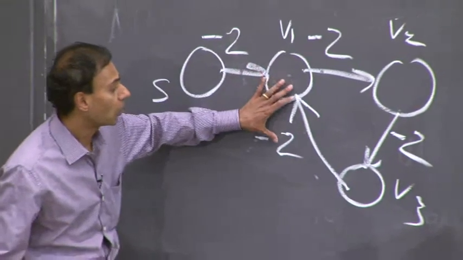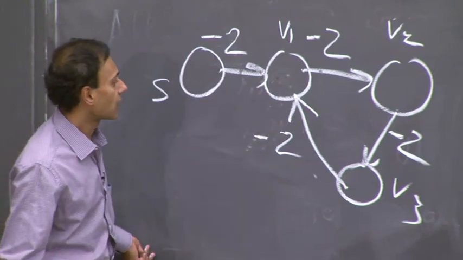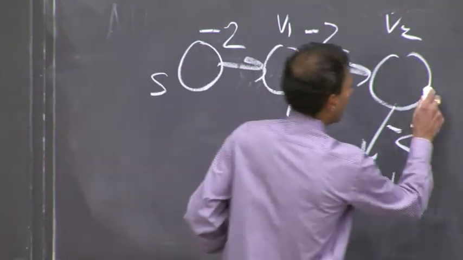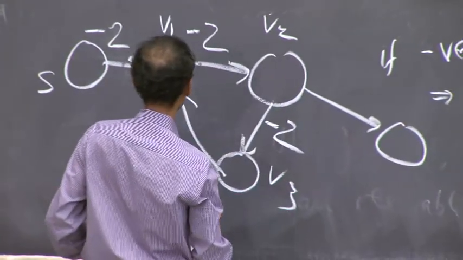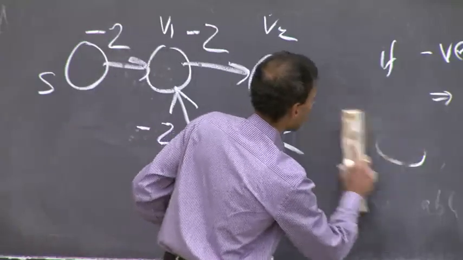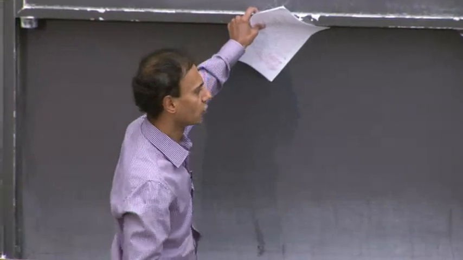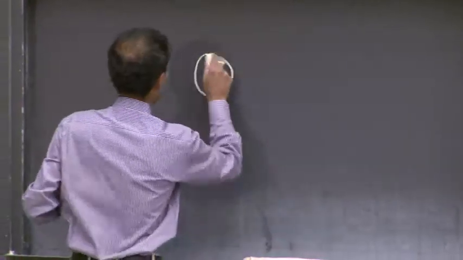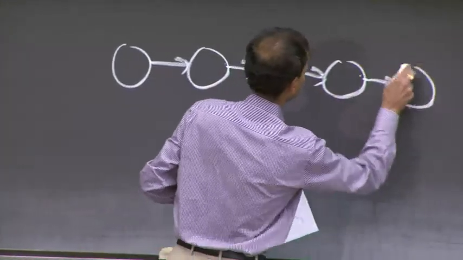But if you actually have a problem where, let me start over again. Let's say I want to find the shortest simple path for a different graph, and it happens to have a negative weight cycle in it.